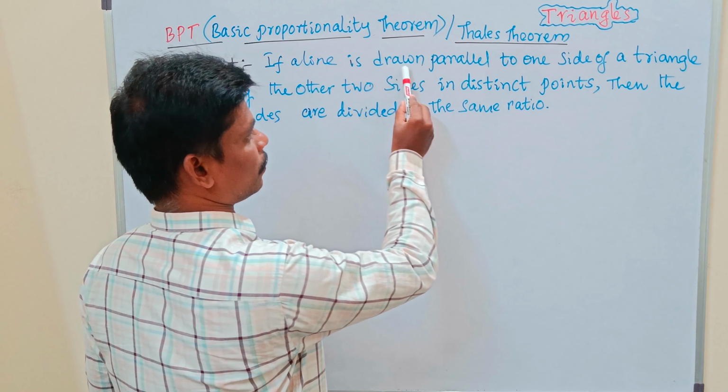What we have to prove is AD by DB is equal to AE by EC.